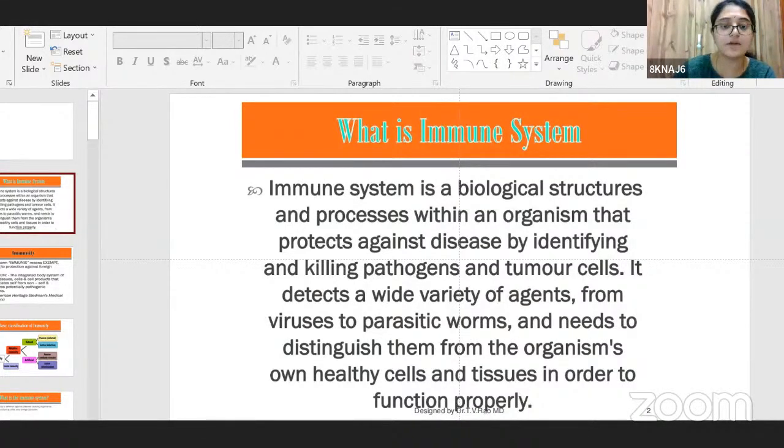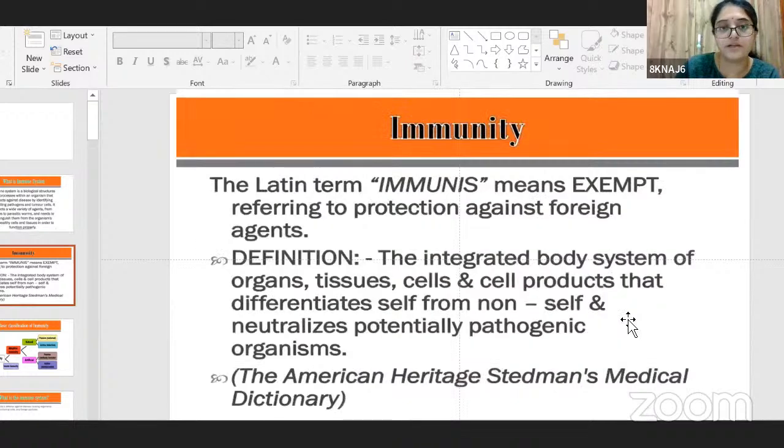They might be present within the body, but they are foreign in nature, different from your normal cells. The immune system detects a wide variety of agents, from viruses to parasitic worms, and needs to distinguish them from the organism's own healthy cells and tissues so that they are able to perform properly.